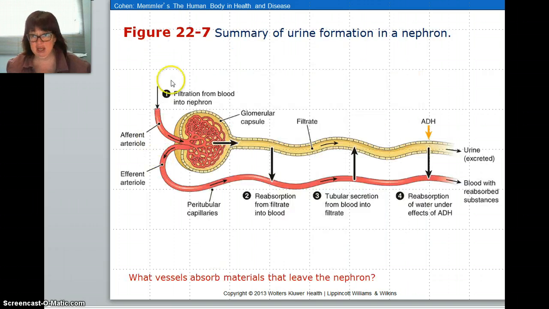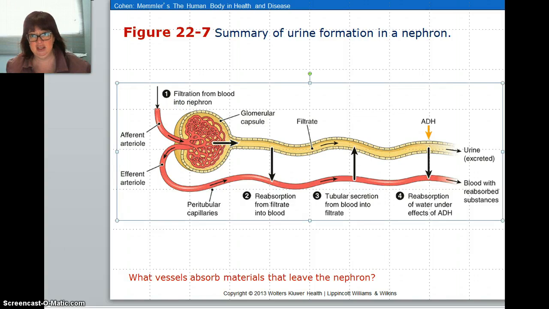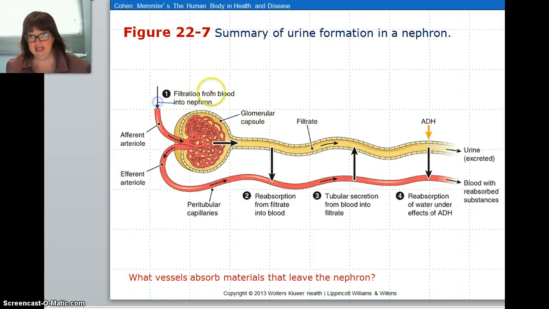Okay, just to summarize, this has been stretched out so it's not very proximal. So number one, filtration of the blood into the nephron. Everything leaves but blood cells and proteins. Then you are reabsorbing it from the filtrate into the blood, and this is where you have sodium being pumped, amino acids and glucose actively transported.